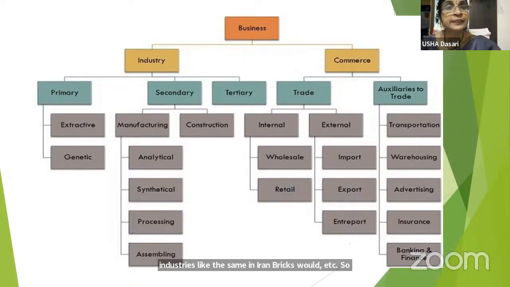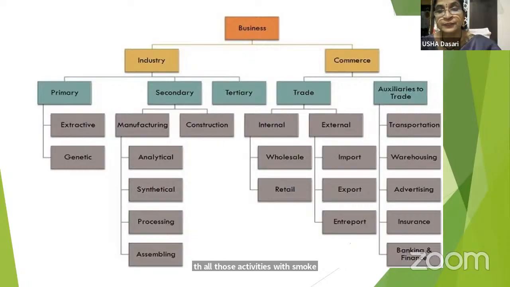Now coming to the third type of industry, that is tertiary industry. In simple words, tertiary means service. So this industry is also called the service industry. The service sector deals with all those activities which smoothen the flow of goods and services from the manufacturers or the producers to those who use them.